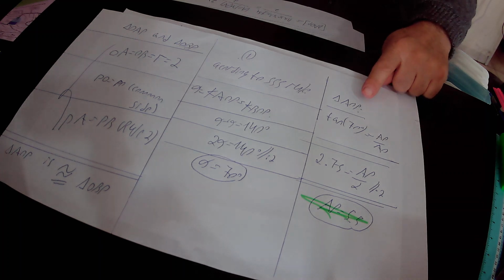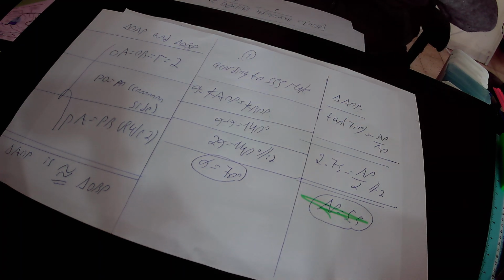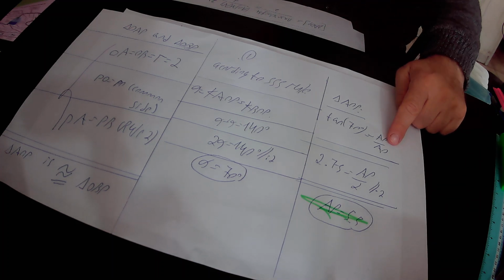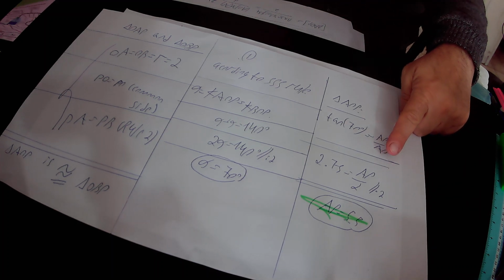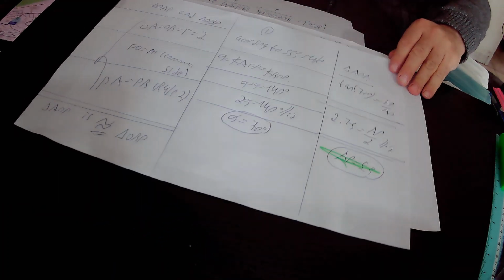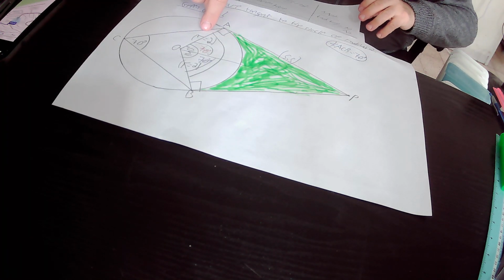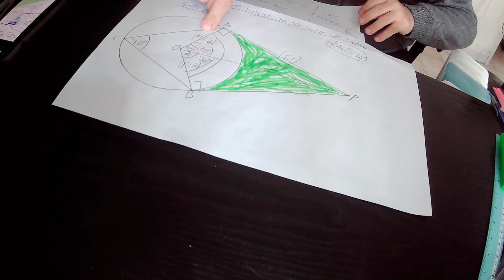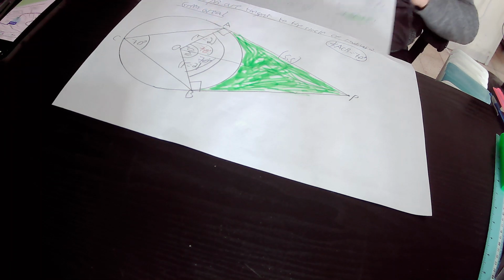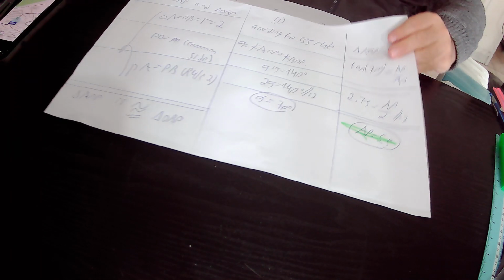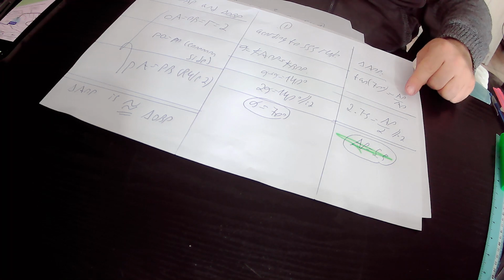Tangent 70 degrees is 2.75, and it equals AP, the missing side, over AO. AO is the radius of this circle, R, which is equal to 2, so we substitute AO by 2.